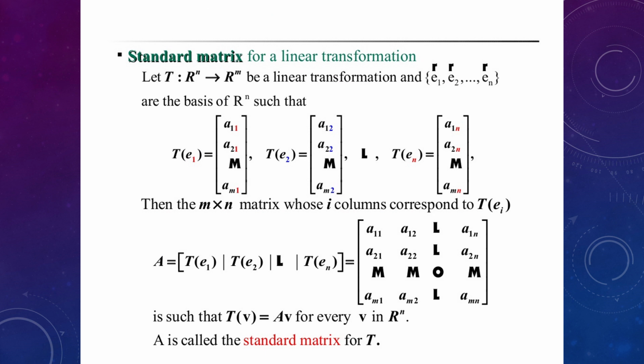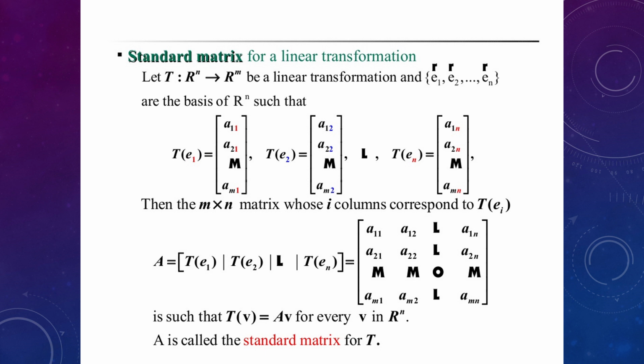Standard matrix for a linear transformation: let T such that Rn to Rm be a linear transformation, and e1 and so on to en be the basis of Rn, such that T(e1) equals (a11, a21, and so on to am1), T(e2) equals (a12, a22, and so on to am2), and so on, T(en) equals (a1n, a2n, and so on to amn).